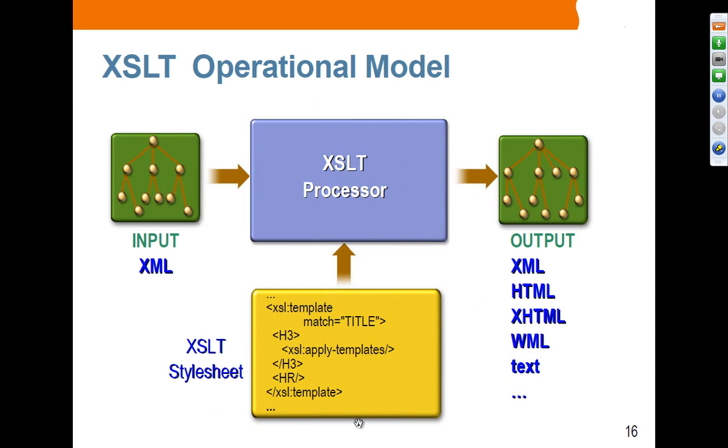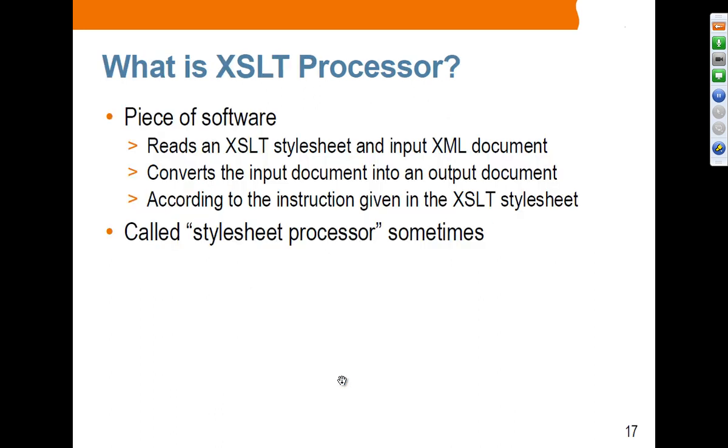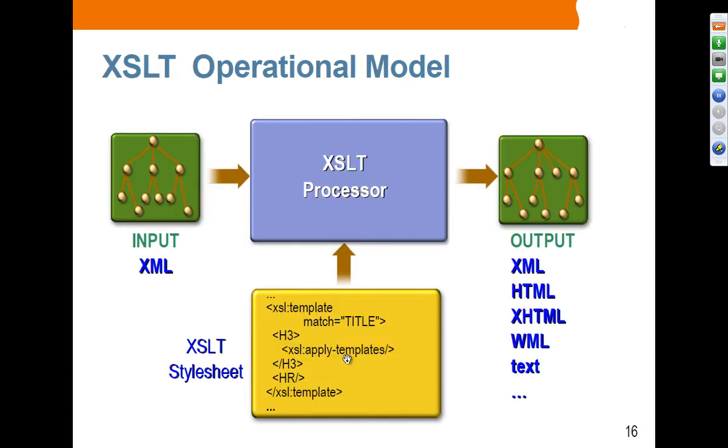So the key point is the XSLT processor receives the original document along with the XSLT style sheet. Again, it provides instruction on how to transform, and this is what we are going to learn. We are basically learning the language of the XSLT style sheet. So what is an XSLT processor? We are talking about this guy.